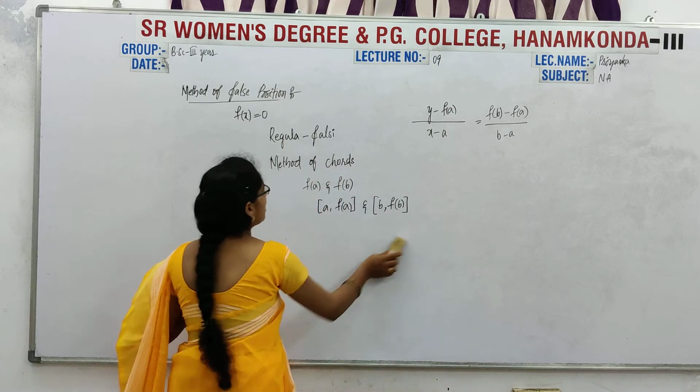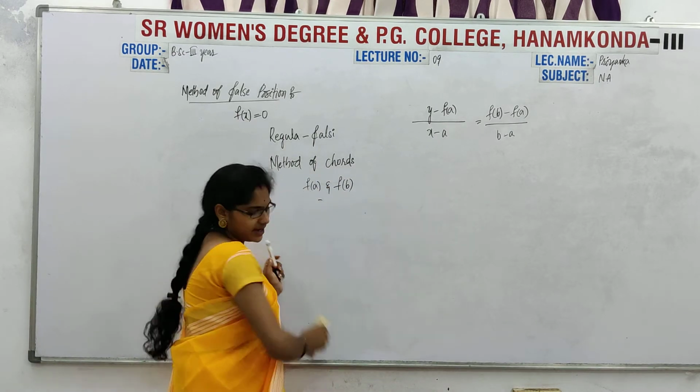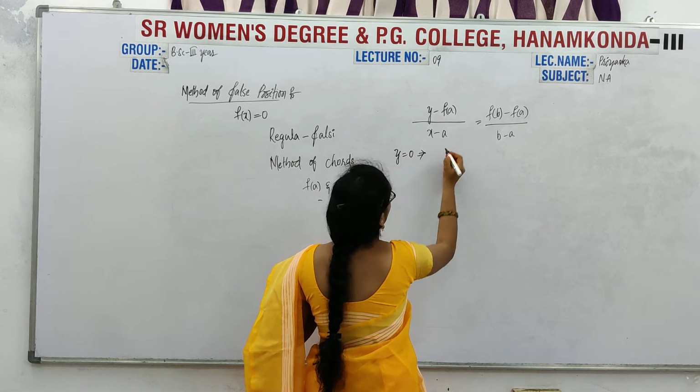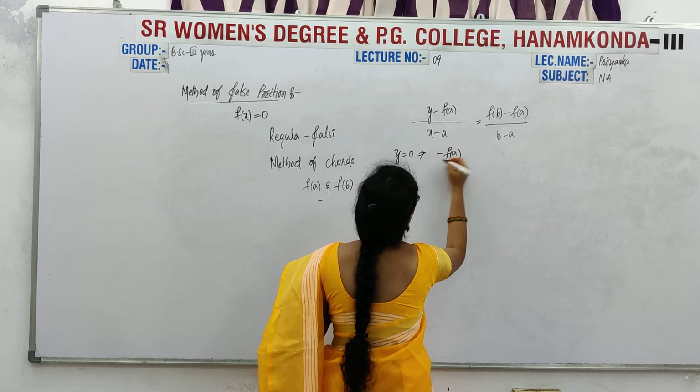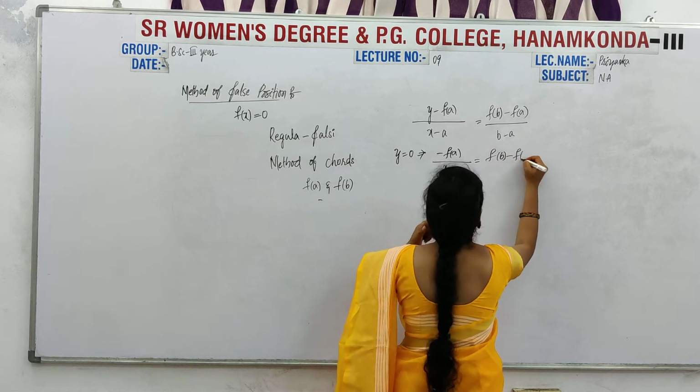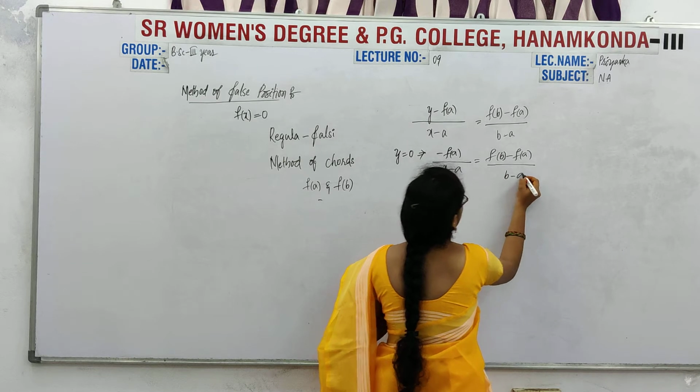So now see here, by substituting y equal to 0, what will we get? Minus f(a)/(x - a) = (f(b) - f(a))/(b - a).